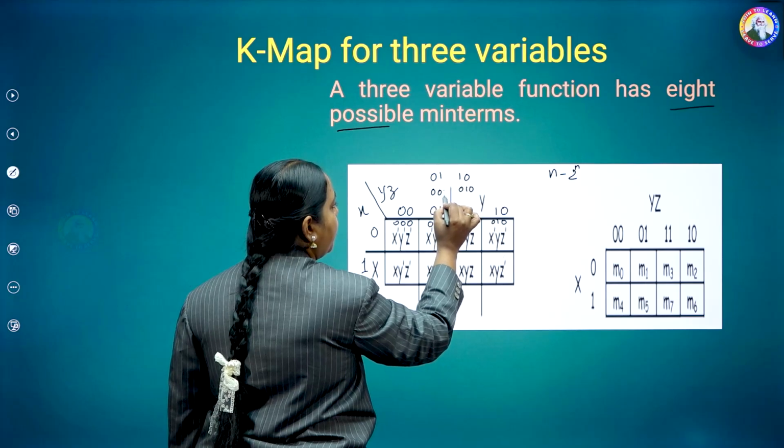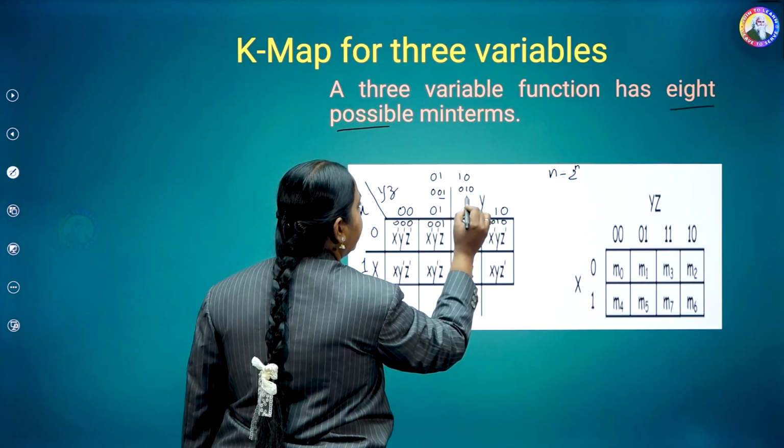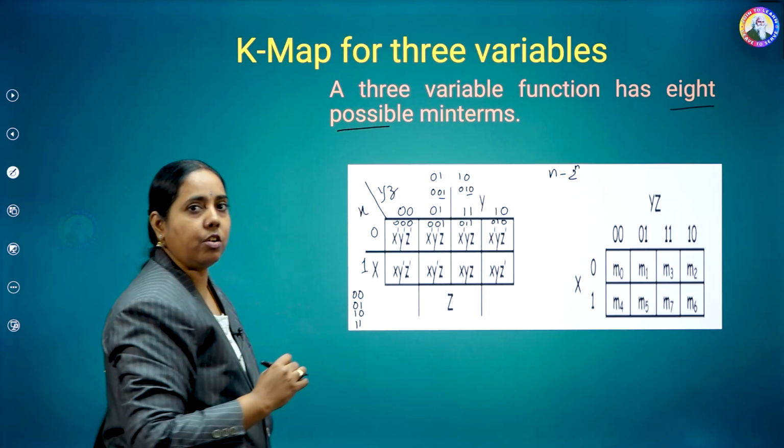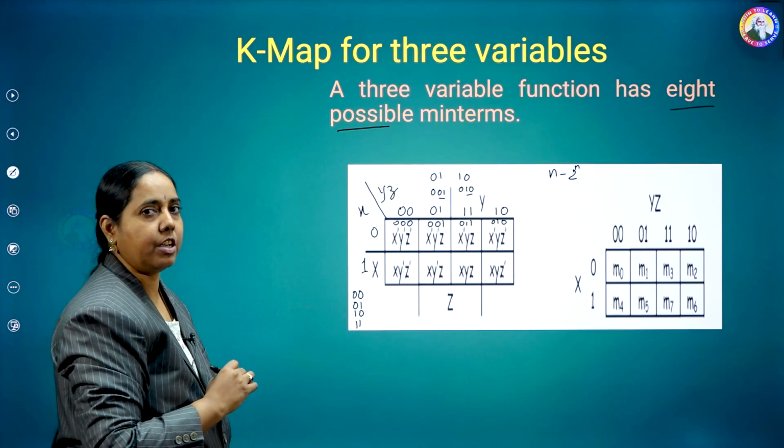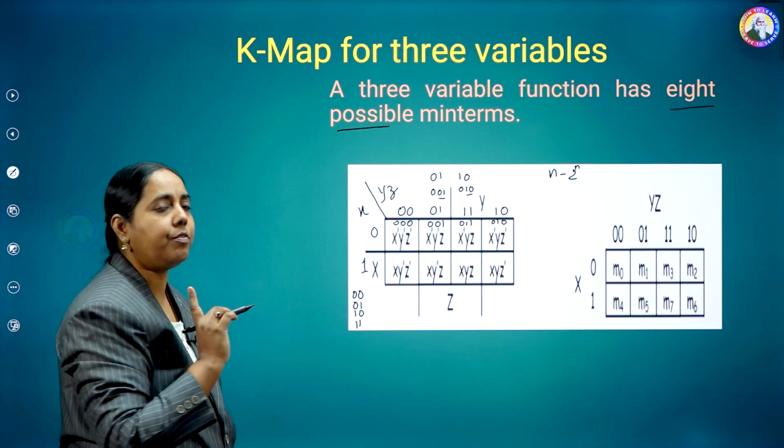So here, if you observe, I will have a 2 bit difference. That is not applicable in K-map simplification or K-map representation. Always the adjacent cells will have only 1 bit difference.